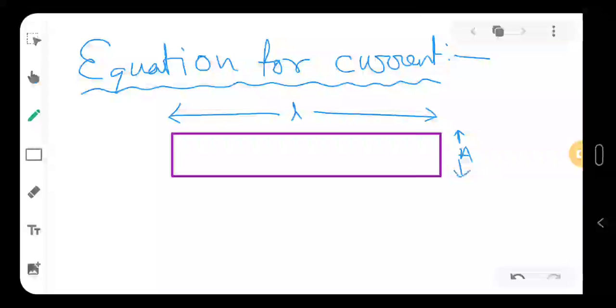Let n be the number of electrons per unit volume, so you can say electron density. That means in unit volume, how many electrons are there. So this is electron density.